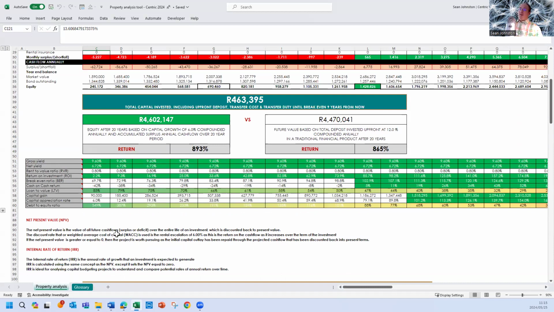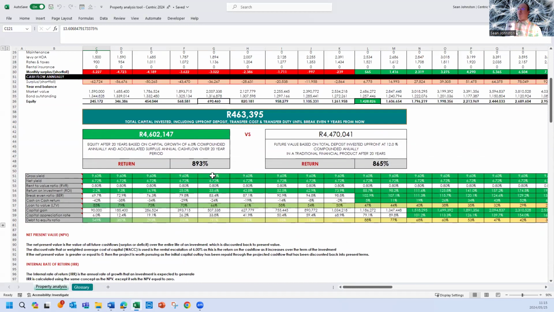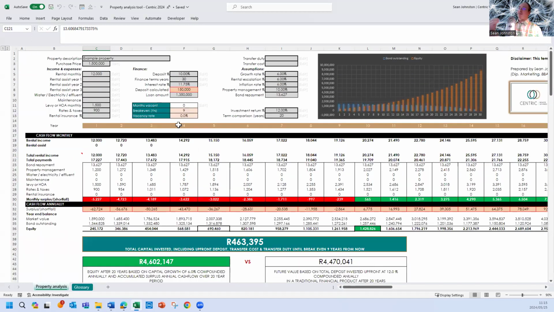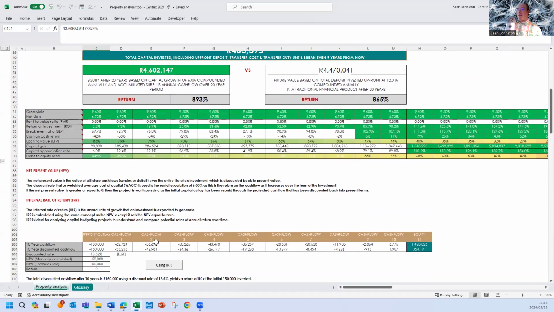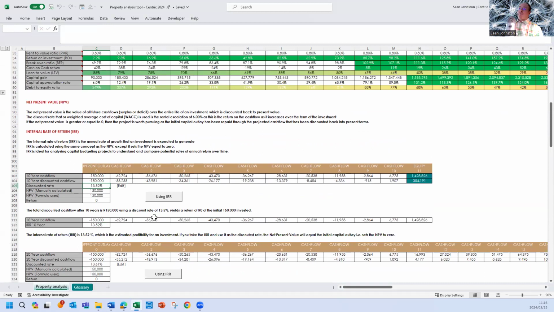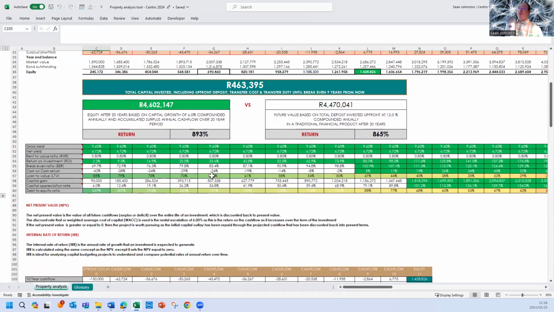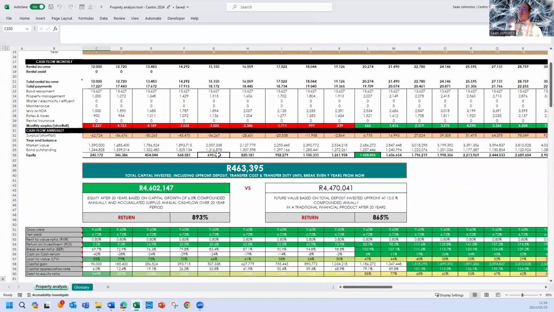So the net present value is taking your upfront cost as the outflow, and that it measures the cash flow per year, which is obviously the annual cash flow, and we discount that back to present terms. So now I'm going to use 6%, which is inflation.